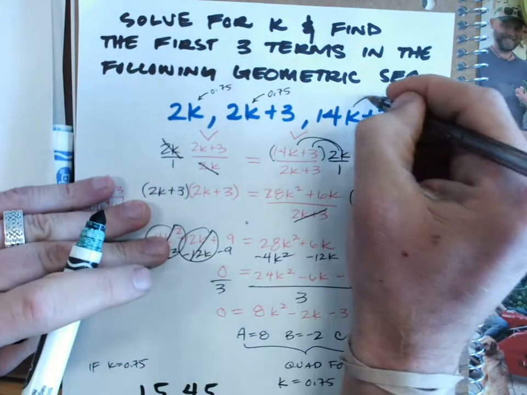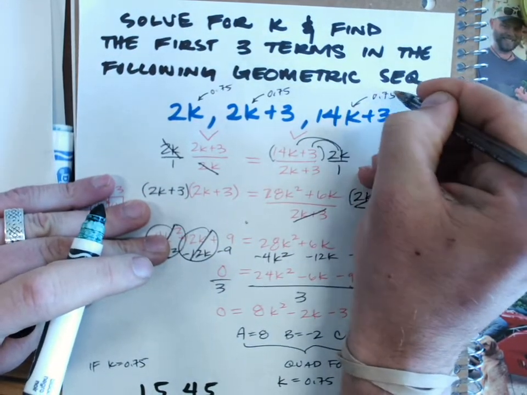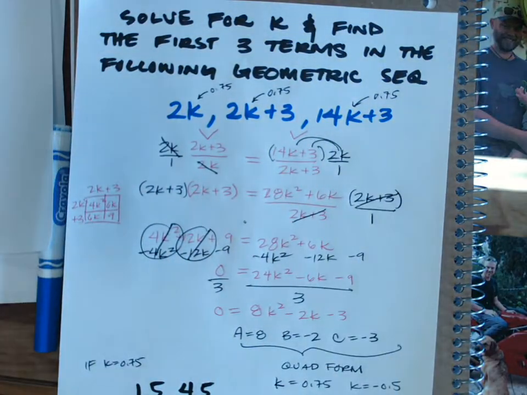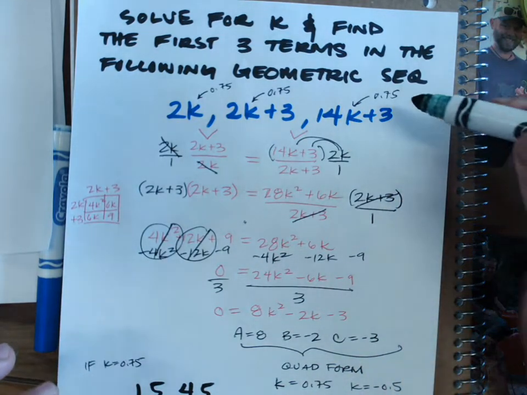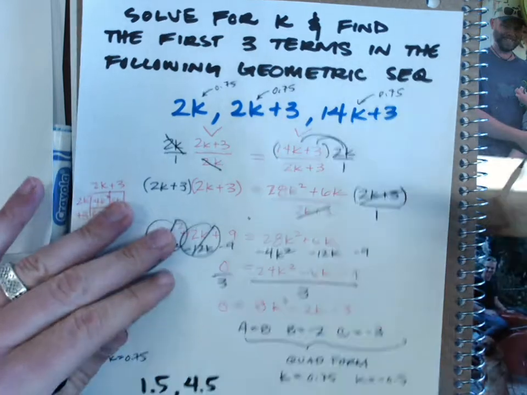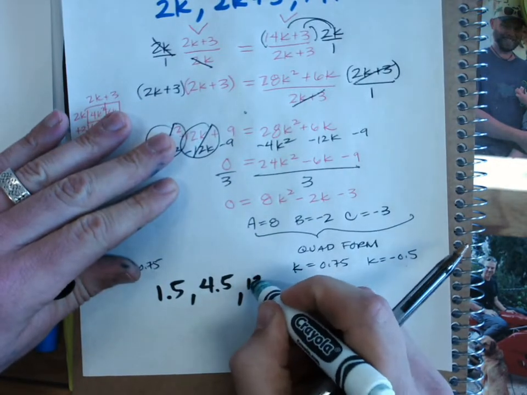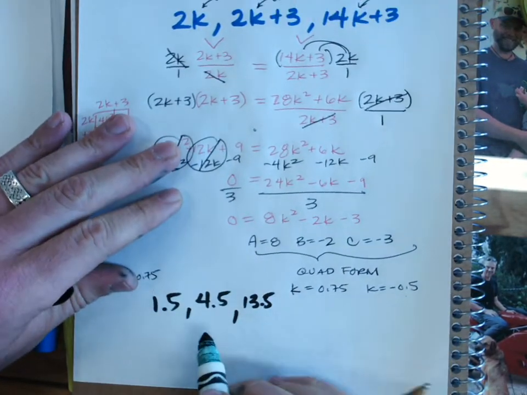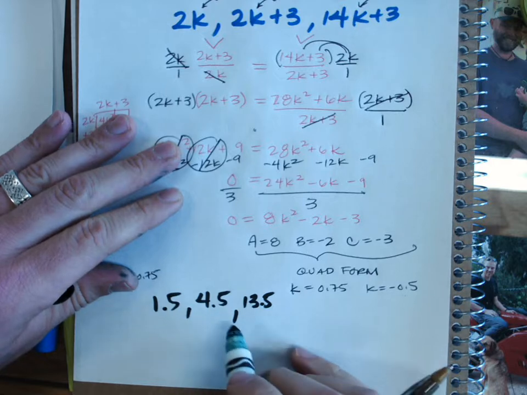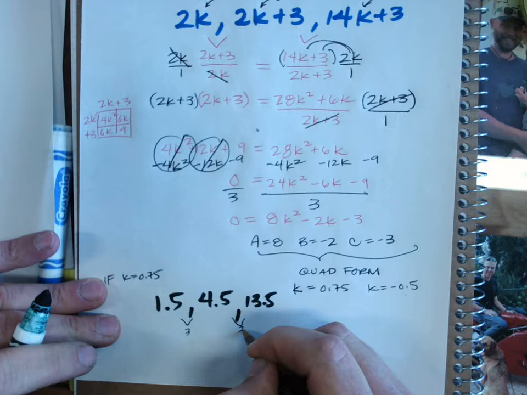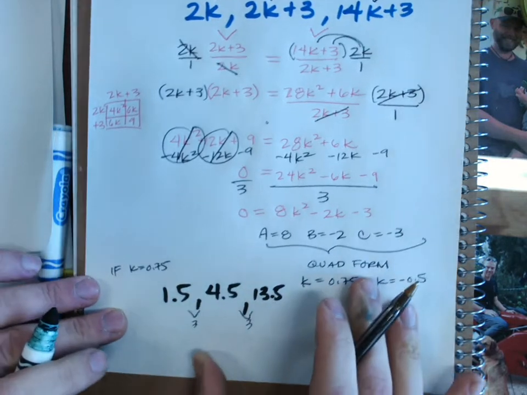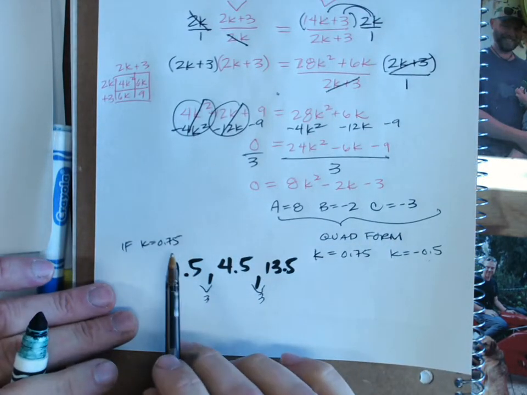And the last one here, that would be 10 times 0.75, 7.5, plus 3, 10.5... 13.5? And that is another multiplied by 3. So in this case, we're multiplying by 3 each time. All right, so that happened if we plugged in 0.75 as the k value.